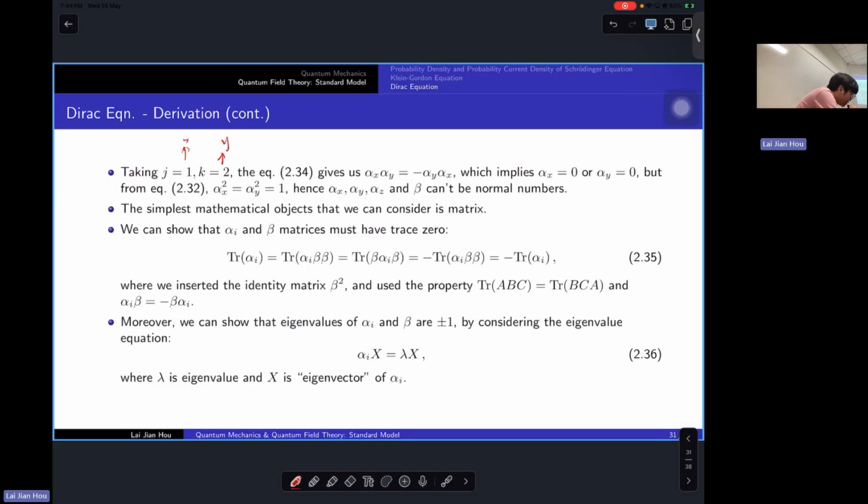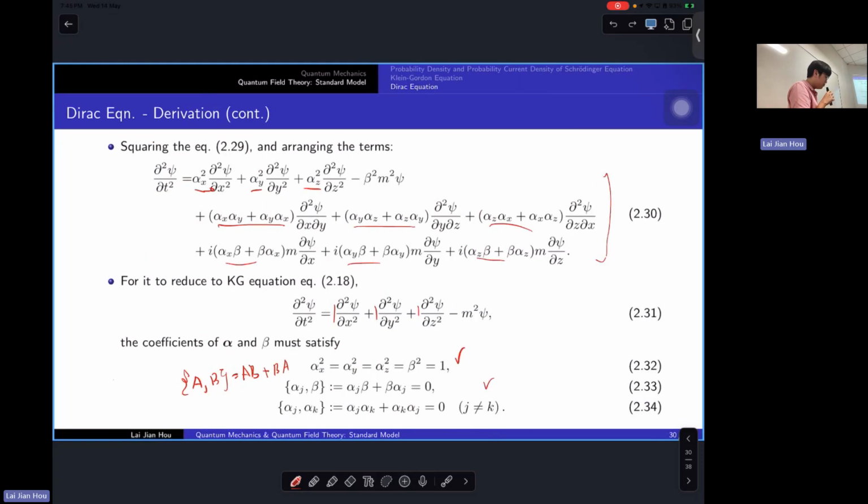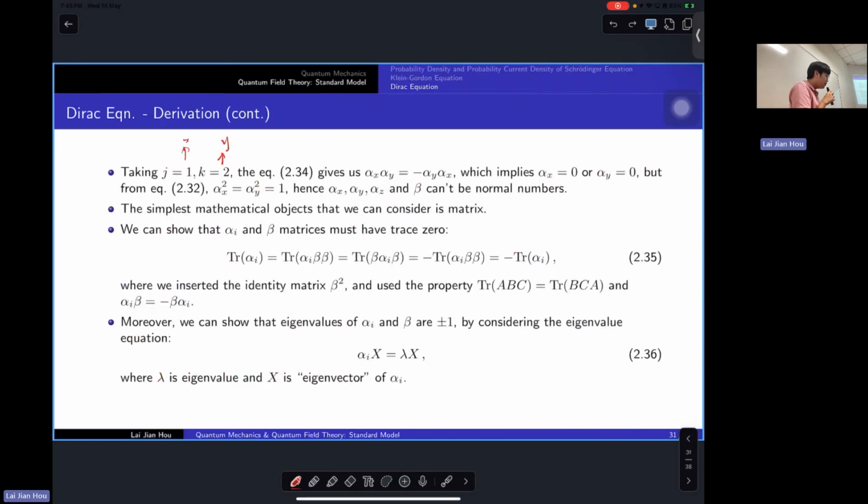So alpha x alpha y equals negative alpha y alpha x, which implies that alpha x equals 0 or alpha y equals 0. But from equation 2.32, alpha x squared equals alpha y squared equals 1. So it cannot be just a number based on these two equations.